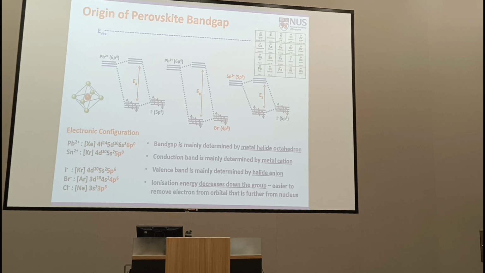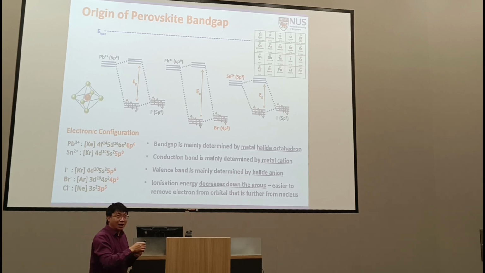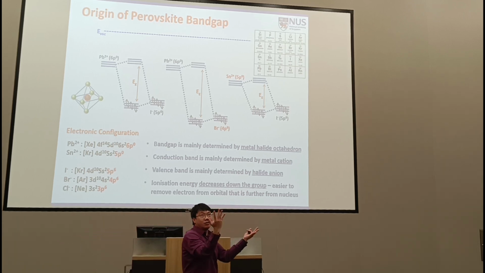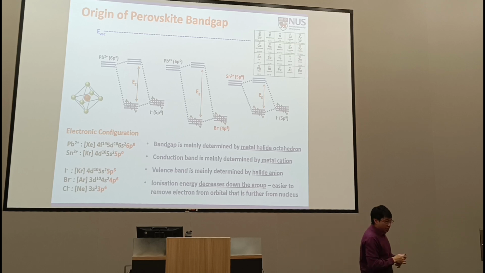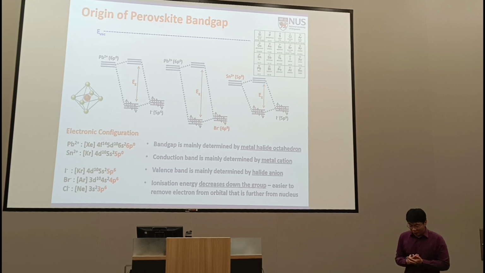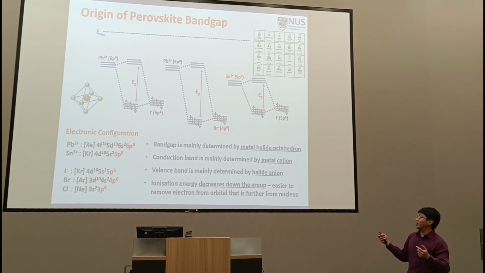If you do the same kind of analysis for lead, you will realize that lead 2+ has empty p orbitals. You will basically be filling until 6p, and then there are no more valence electrons to fill for lead 2+. In a molecular orbital model, you are basically bonding lead and iodide together.